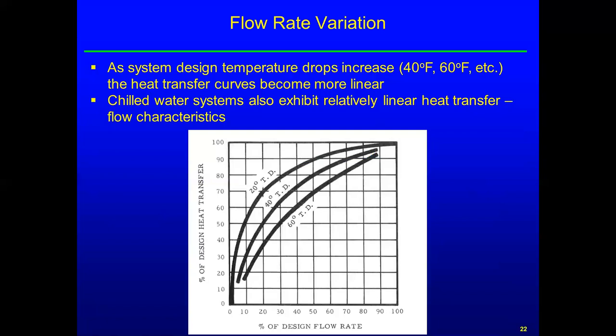We see that this 60-degree delta T curve, it's not a straight line, but it's still relatively straight compared to the 20-degree delta T line for sure. Also, chill water systems exhibit relatively linear heat transfer versus flow characteristics. So that's good to note as well.